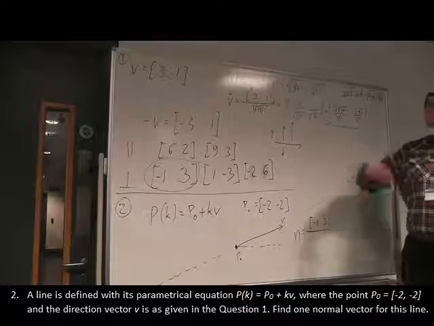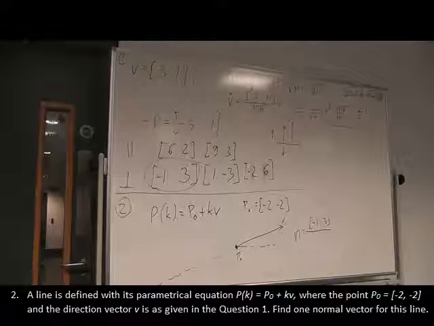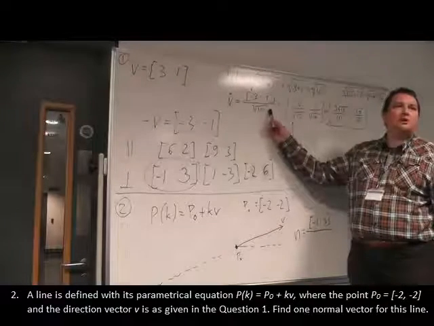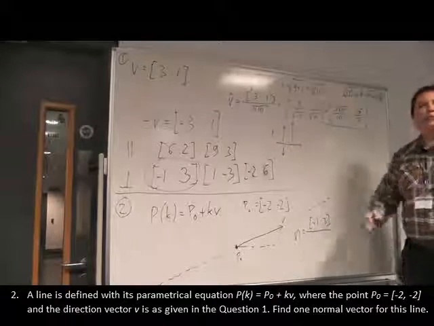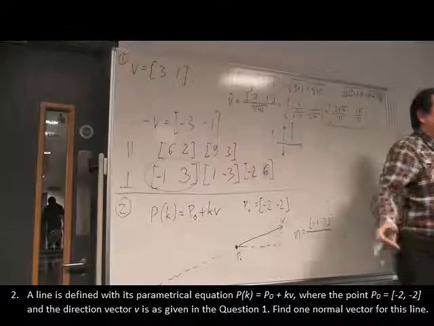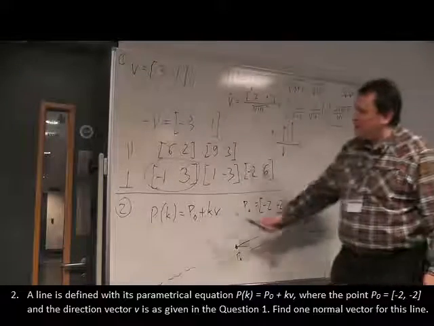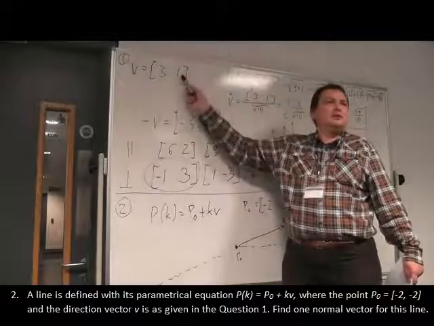And because the normal vector is not only perpendicular but also normalized, I have to do the same thing I did previously to find the normalized vector. I will divide it by the magnitude. What is even nicer, I don't have to calculate the magnitude because I have chosen a vector which apparently has the same magnitude as v. Okay?